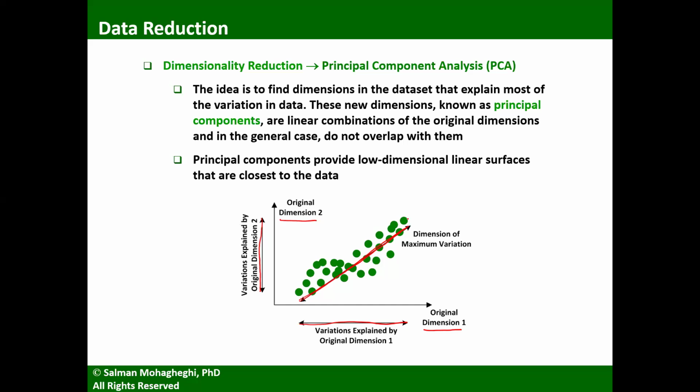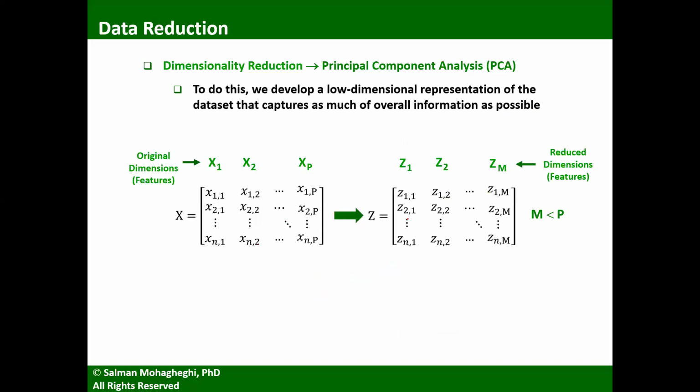Think of principal components as low-dimensional linear surfaces that you map to your original data. For example, your first principal component could be the line that you map to the data. The first two principal components could be the two-dimensional plane that you map onto your high-dimensional data set, and so on.